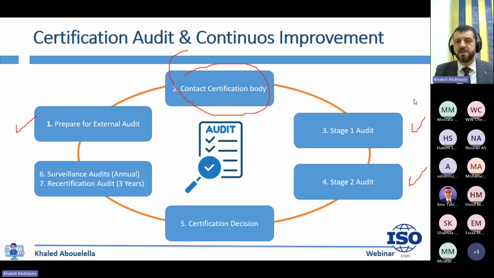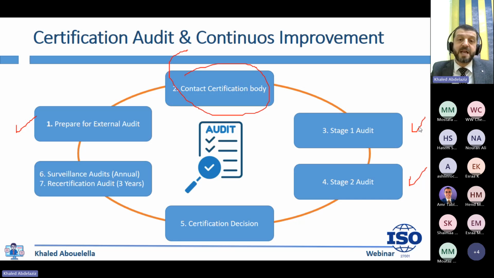Stage 1 audit could be on site or remote, but in stage 1 the certification auditor assesses whether all the required documentation for the information security management system based on ISO 27001 requirements exists or not. I'm not talking about whether you implemented this or not. Stage 1 is about document review.